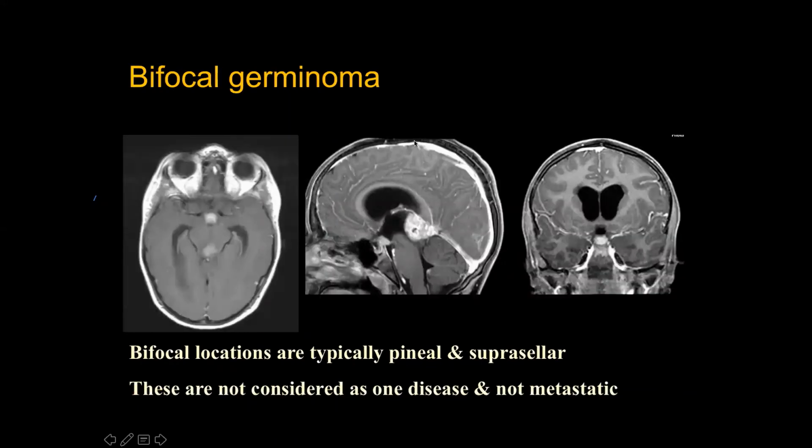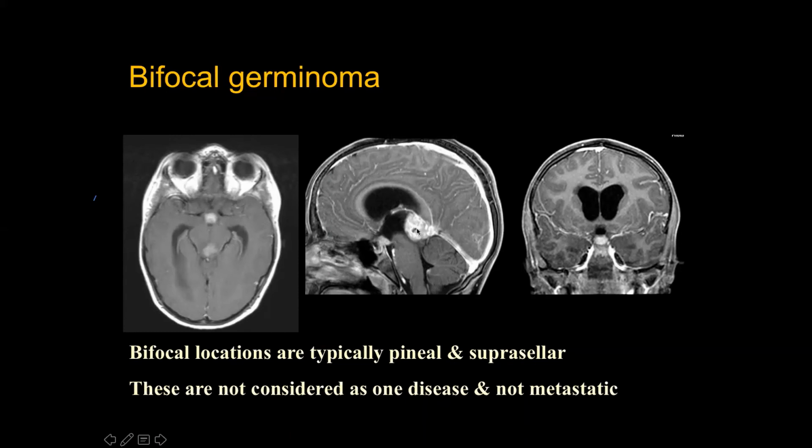And don't forget, in germ cell tumor, the commonest location is the pineal region, then suprasellar. If you see a pineal lesion with a suprasellar component, this is bifocal germinoma. This is not due to seeding; it is the nature of the disease that it can occur at the same time.